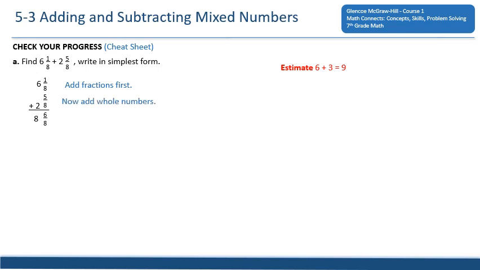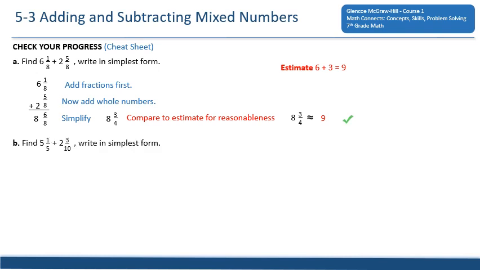Then we'll add the whole numbers: 6 plus 2 equals 8. We can simplify 6/8 because there's a common factor of 2. If we divide the numerator and denominator by 2, we get 8 3/4. Compared to the estimate for reasonableness, 8 3/4 is approximately 9, so that checks out.